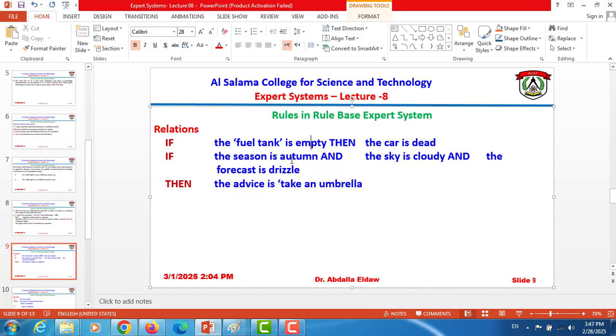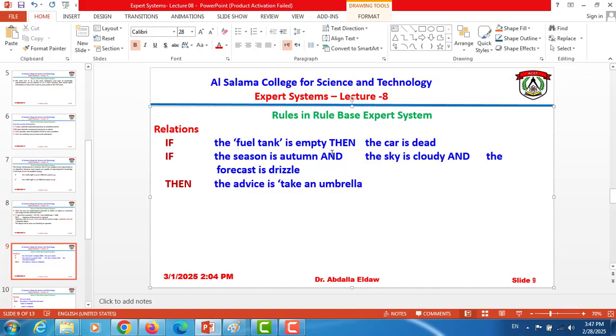If the season is autumn and the sky is cloudy, and the forecast is drizzle, then the advice is to take an umbrella.